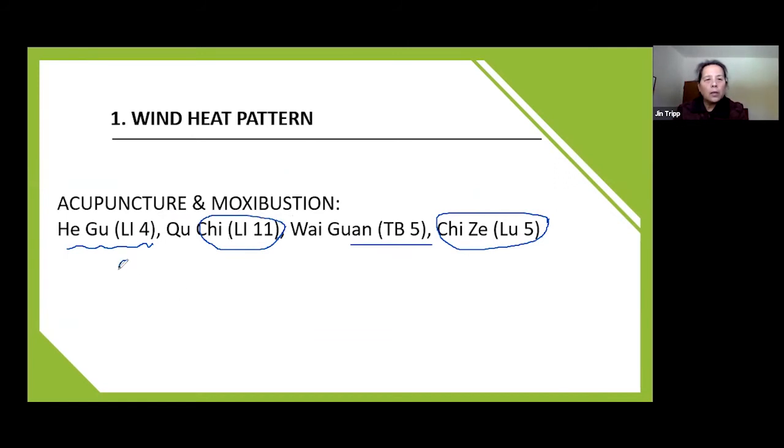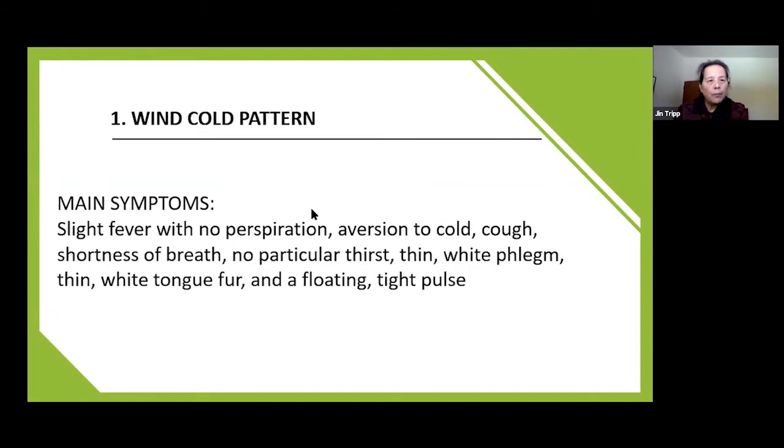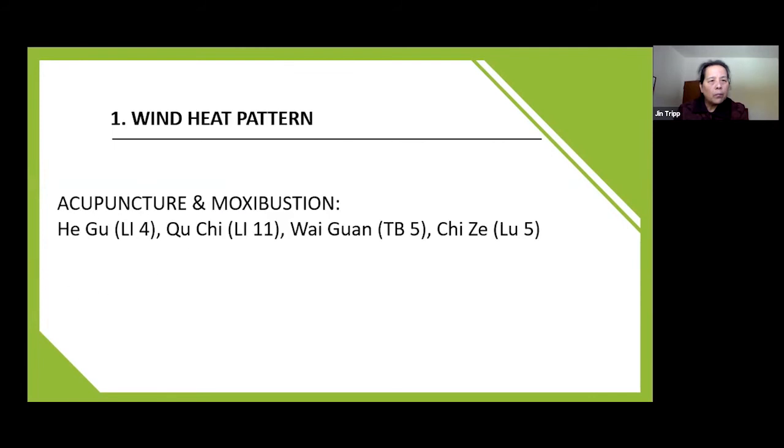Certainly, you can also use gallbladder 20, the wind point, to relieve the exterior. So that's generally the acupuncture treatment here.